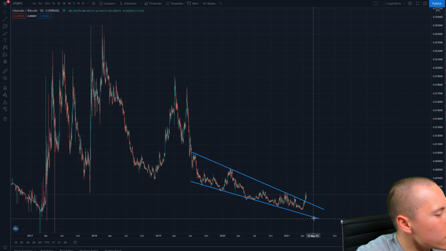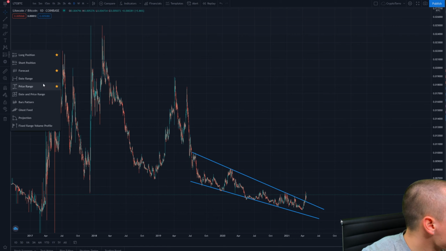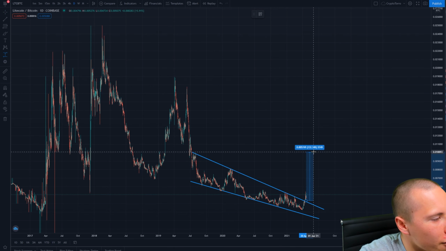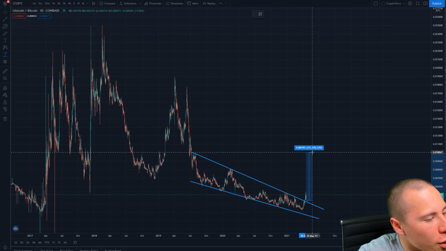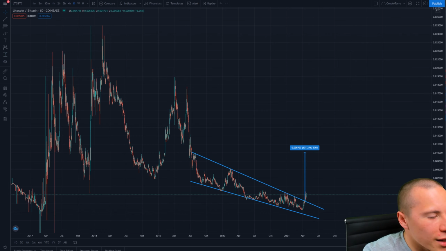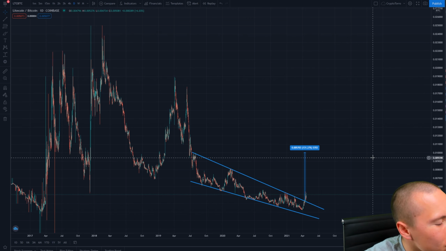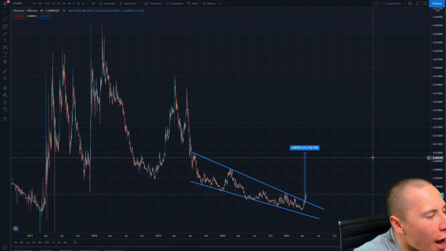And this first pump will be approximately, let's take a look, guys, just right over here, the start of the upper part of the falling wedge, and it will be a pump of approximately 131%. This means to me that Litecoin will be performing very well in the upcoming weeks, and that's especially why I think you can still make great profits on Litecoin at this particular moment.